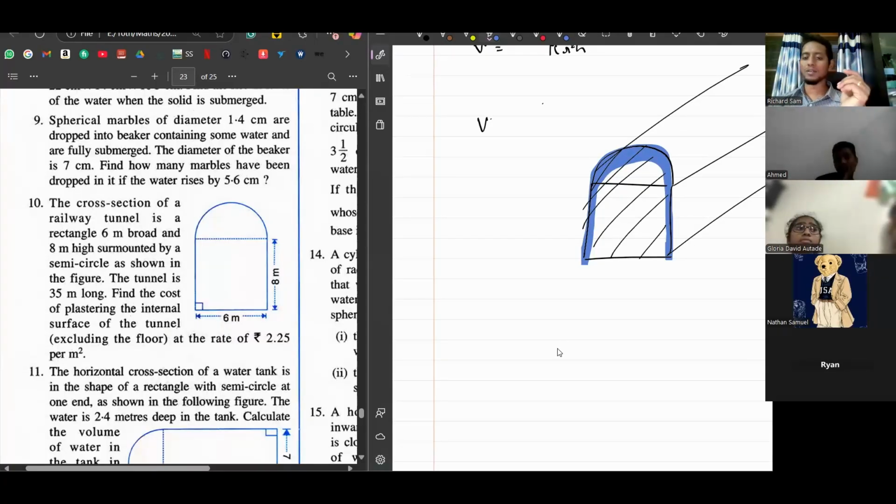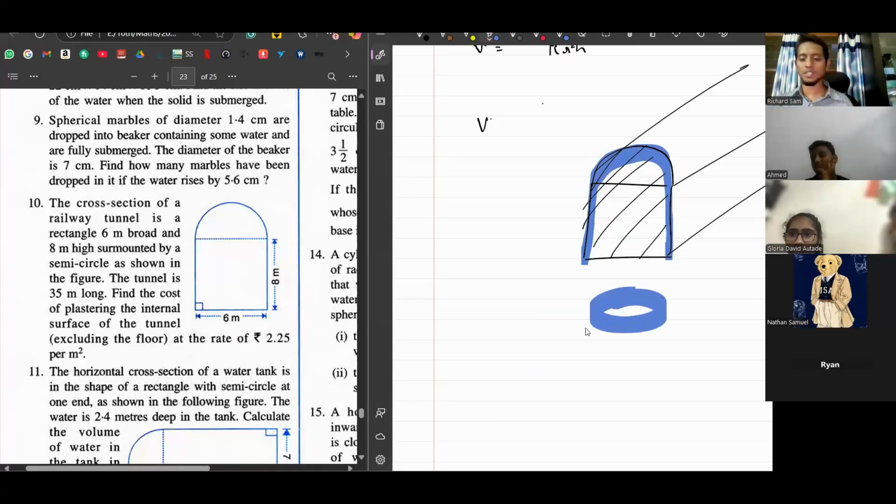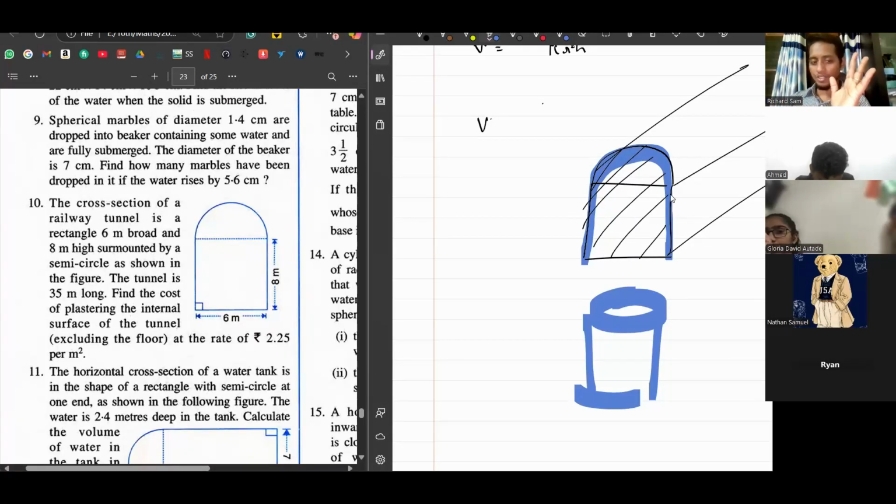It's like curved surface area. How do you find the curved surface area of a cylinder? You find the circumference and multiply that with height. Circumference means the length of this border. Same thing here, you have to find the length of this border that you're plastering and multiply that with that 35 meters. Is everything clear how to do this?